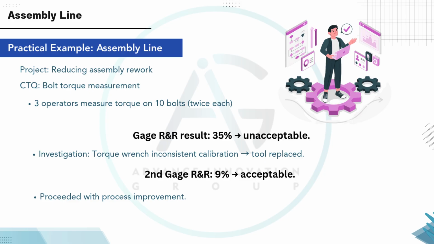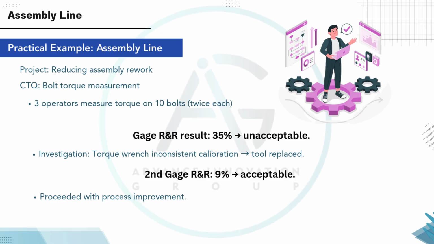Upon investigating, we found that the torque wrench had inconsistent calibration, which introduced variability in the readings. The team decided to replace the tool. After the replacement, we conducted a second Gage R&R study. This time, the result was 9%, which is acceptable and within industry standards.